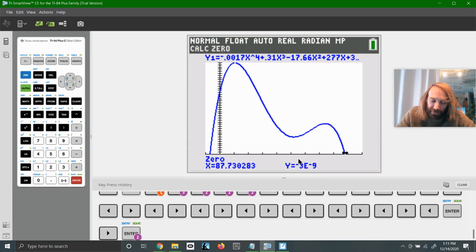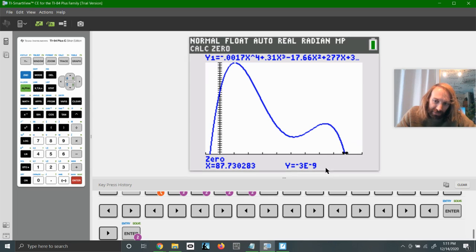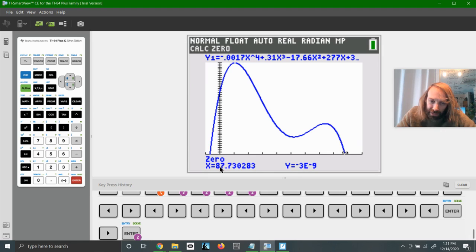A lot of times it'll actually give you zero, but sometimes students get this and they're a little confused. This is just the scientific notation stuff. So what they're basically saying is that at this x value, it's basically the root, because this is understood as -3 times 10 to the -9, which is a very small number, right?